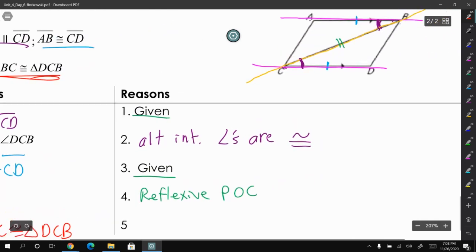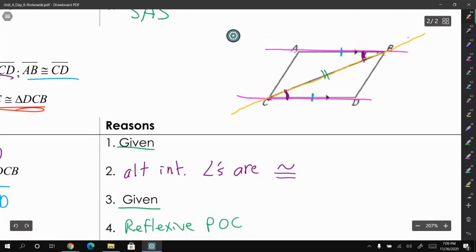So why can we say that those two triangles are congruent? Let me erase this parallel line stuff. And you can see that in the top triangle, we have one pair of congruent sides in light blue. We have one pair of congruent angles that I marked in purple, and then you have that shared side, CB.